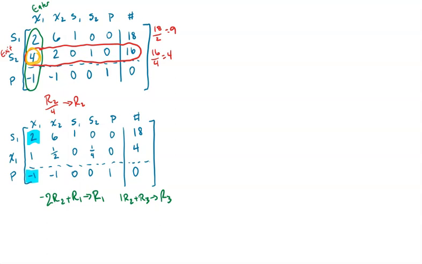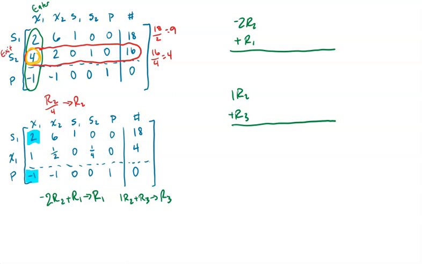So off to the side, let's go ahead and do that scratch work, get that part done. So we're going to have -2 row 2 plus row 1. Then we're also going to have 1 row 2 plus row 3.